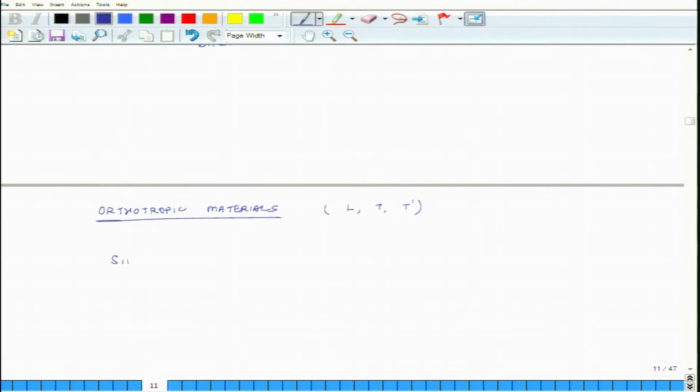Situation 1: load is not aligned with the material axis.